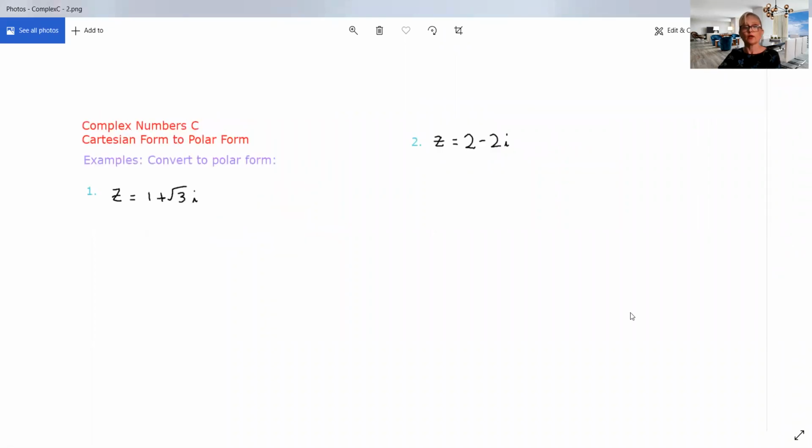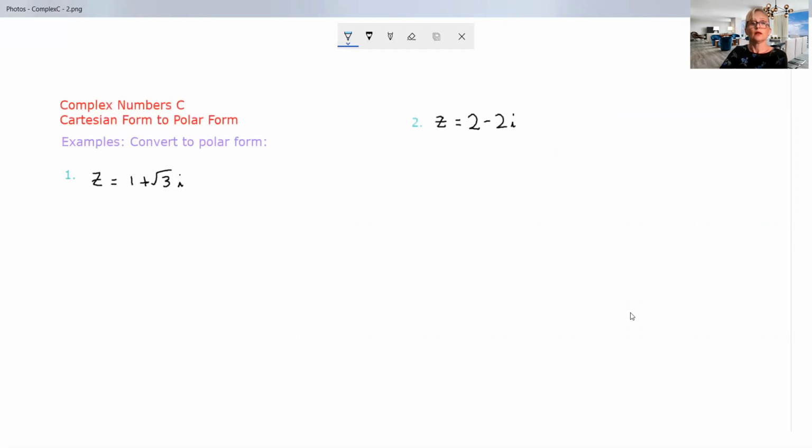Okay, as I said, I've only got 2 here because I want to actually take them in detail. First thing I would recommend is drawing a little diagram in each case just to show where that is. It doesn't have to be fancy at all. We don't want to waste time. So the real component here is 1 and the imaginary part is √3.